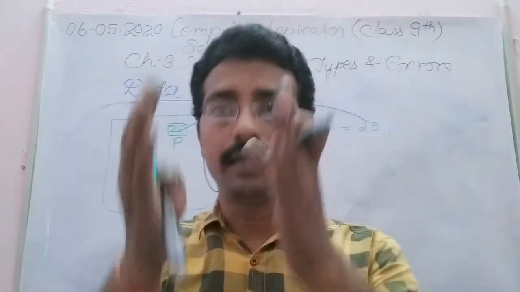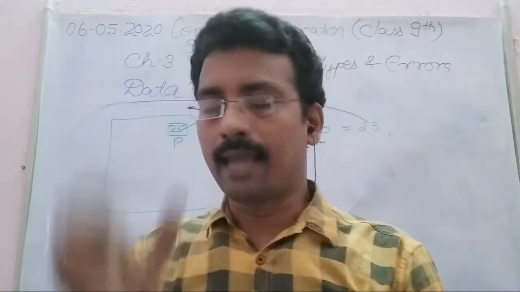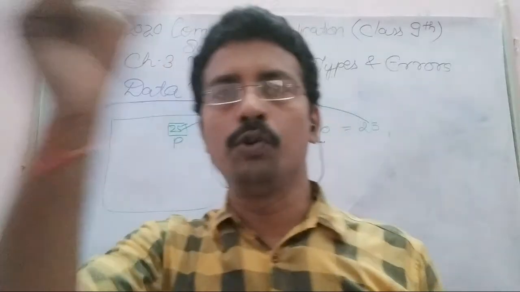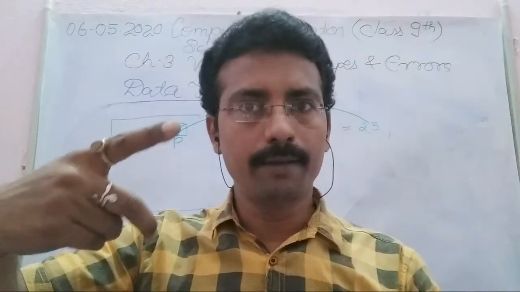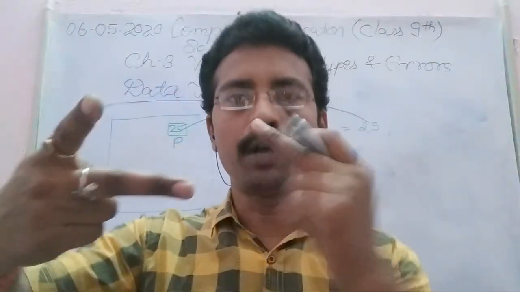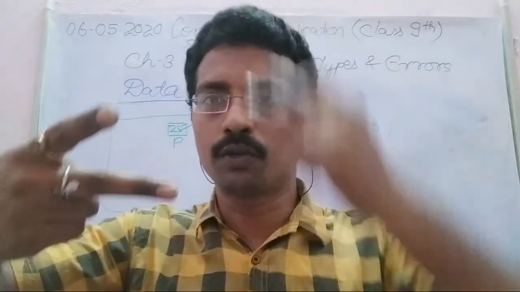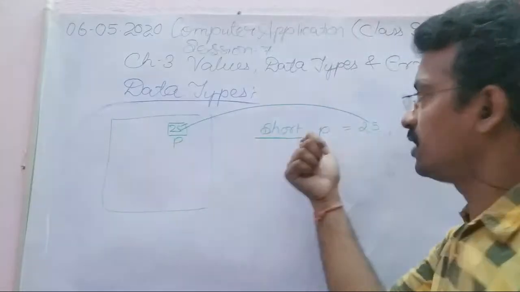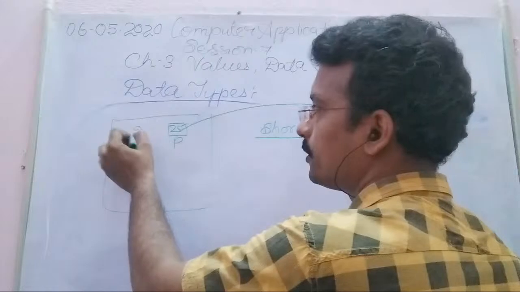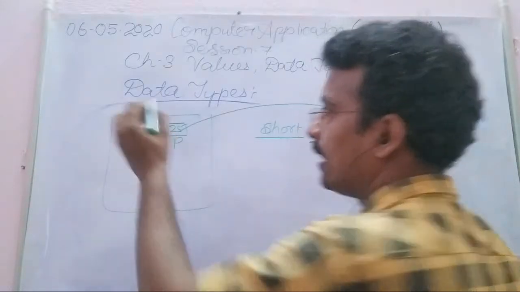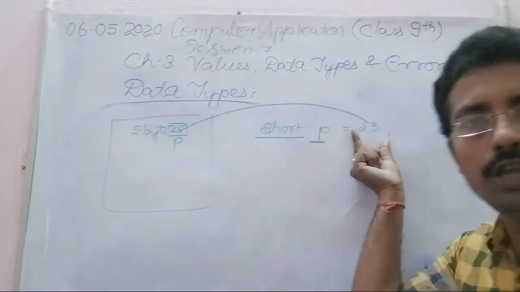Data type tells the variable how much memory you will take because of me, which value you will use because of me. Because of me means because of data type. So data type explains for this variable how much memory you will take, that is 2 bytes, and which type of value you will use.